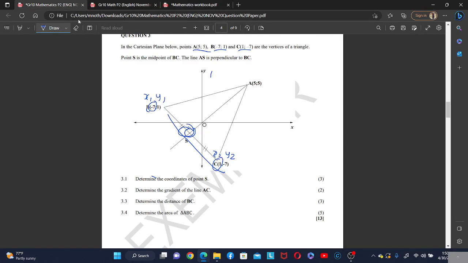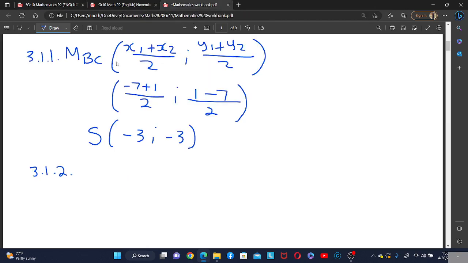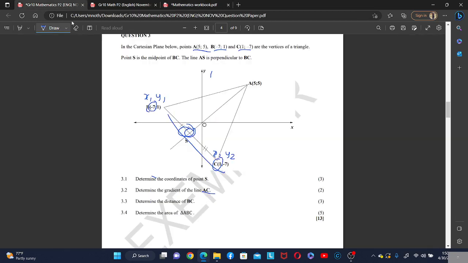3.1.2. Determine the gradient of the line AC. So AC is this one. So let's find the gradient of the line AC. The formula for gradient is y2 minus y1 over x2 minus x1, right?